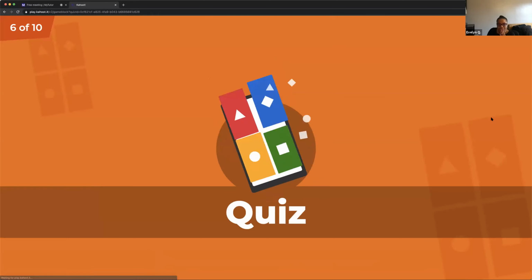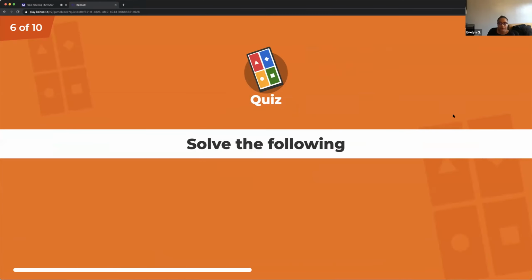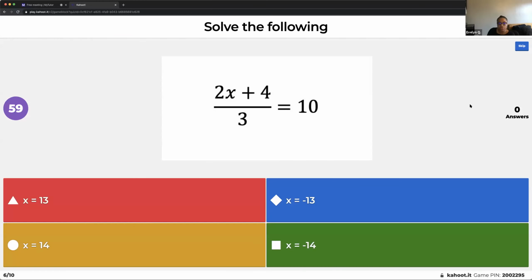5. Positions are changing quite quickly. So we're halfway through. Solve the following.